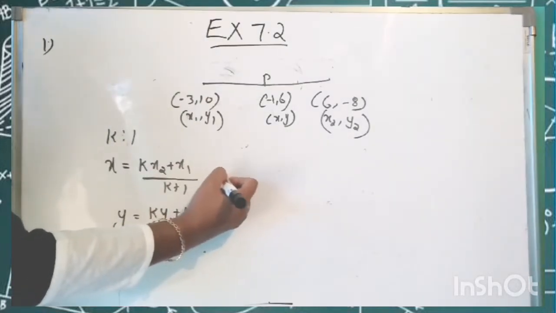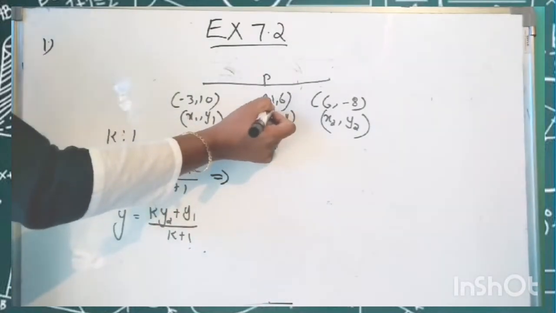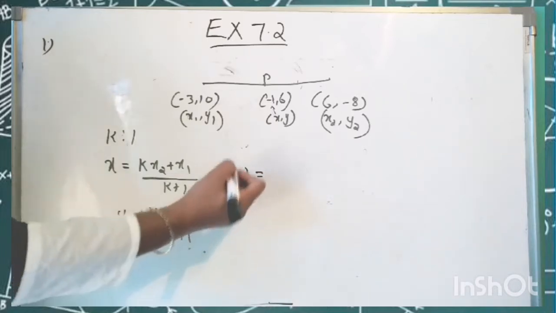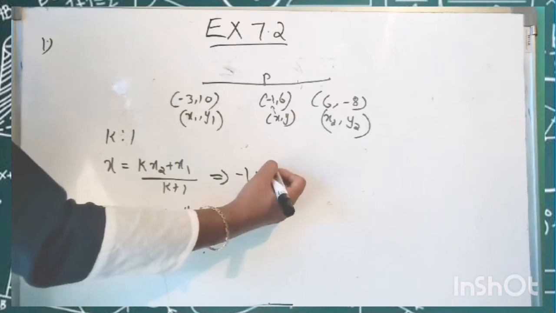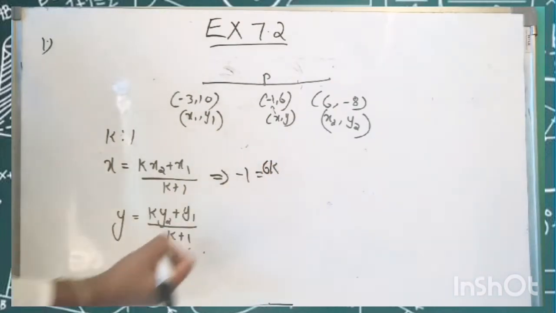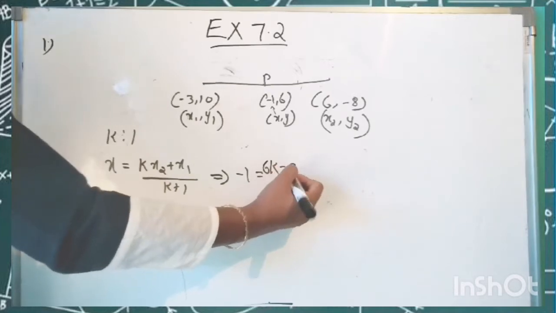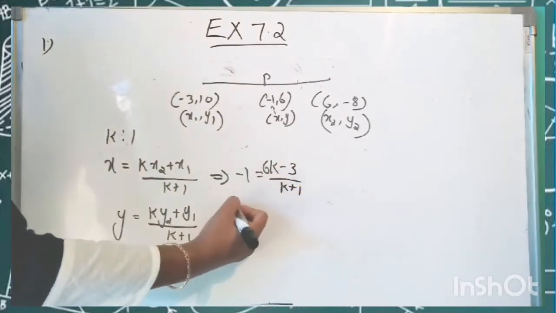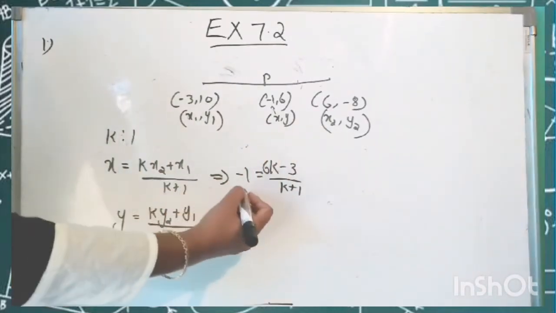So this implies x value, instead of x, we have here minus 1. So minus 1 is equal to k, we don't know, and x2 is 6, so we can write it as 6k plus x1, x1 is minus 3, divided by k plus 1. So that implies, take this k plus 1 into LHS.